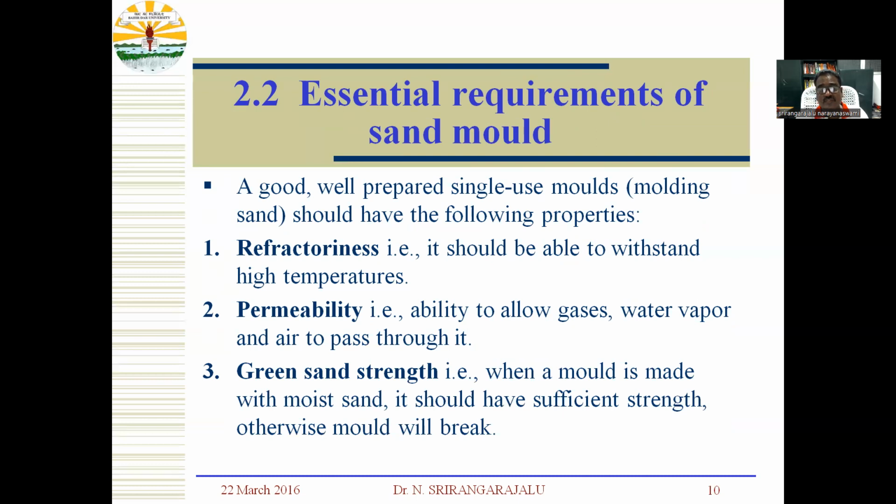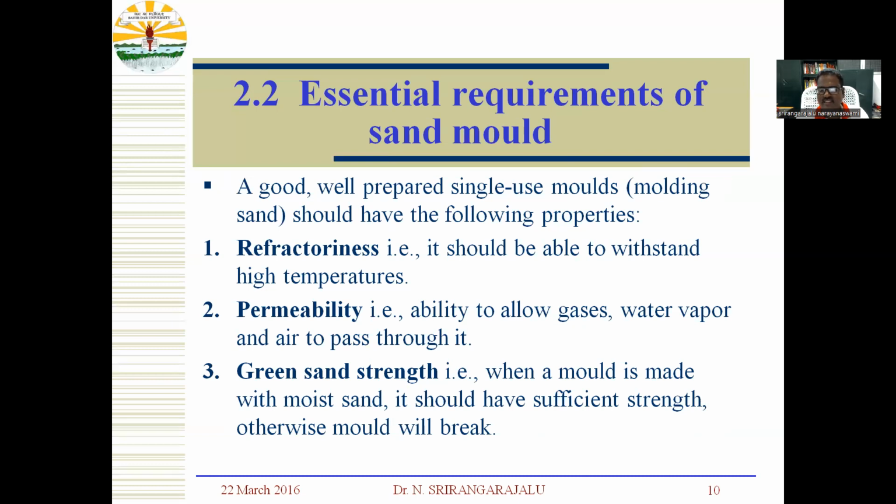Essential requirements of sand molds: a good, well-prepared single-use molding sand should have the following properties. Refractoriness, that is, it should be able to withstand high temperature. Permeability, that is, ability to allow gases, water vapors, and air to pass through it.